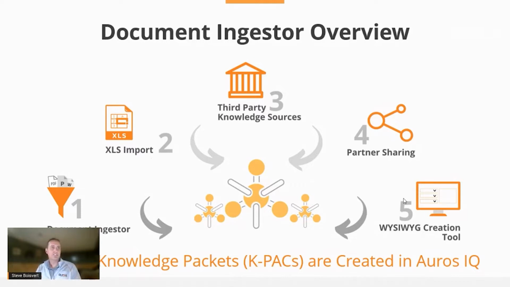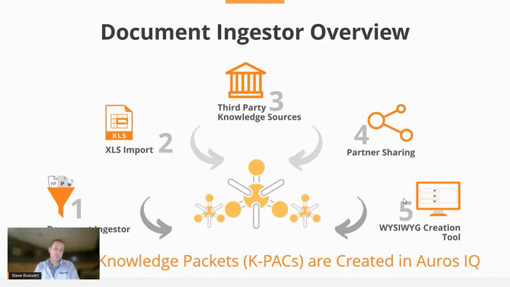Some individuals and some customers may be able to get your knowledge packets from a third-party knowledge source. Like we've had the American Bureau of Shipping at the conference a couple times talking about how they can provision knowledge from their instance through partner sharing. So some of our OEMs are sharing knowledge to some of the tier 1 suppliers.